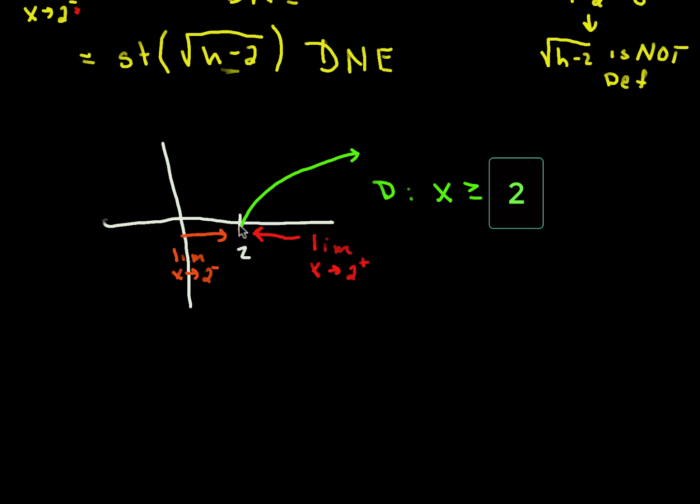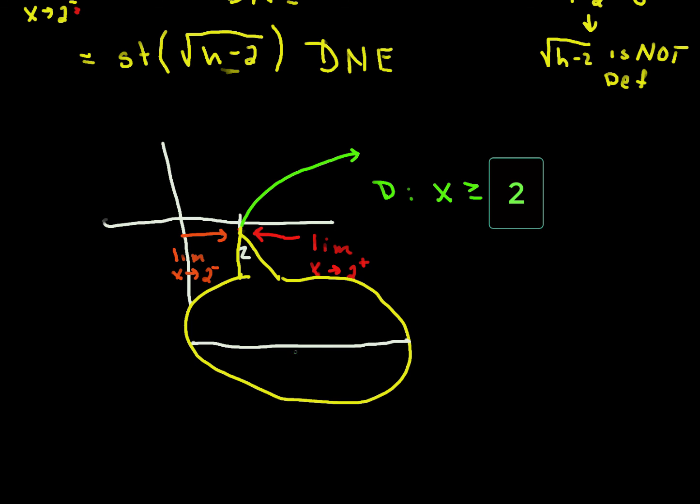If I were to get out my infinitesimal microscope and zoom way in, we're zoomed into the x-axis at the number 2, and my graph would look very linear here, something like that. That would be our function there.